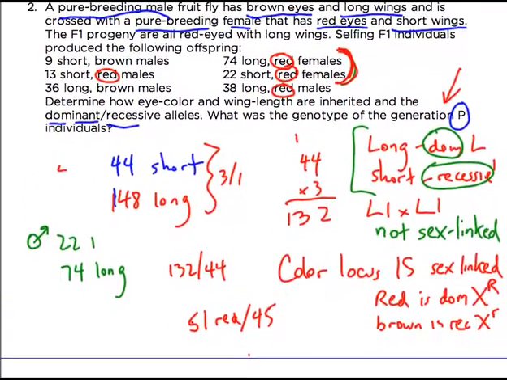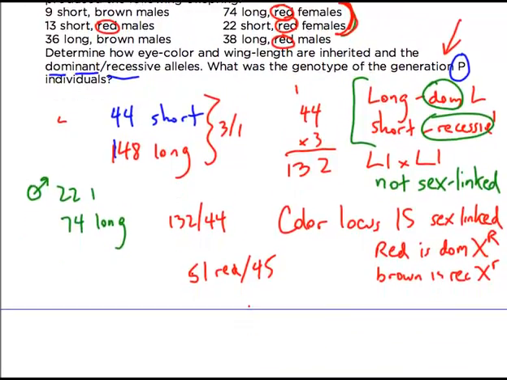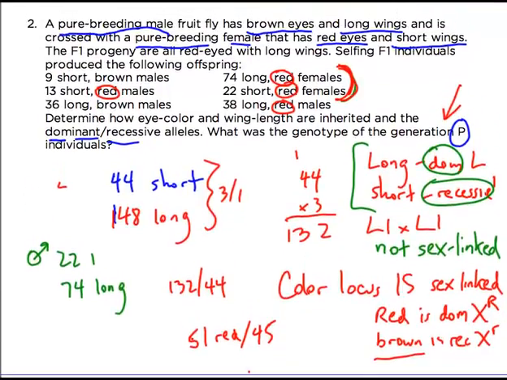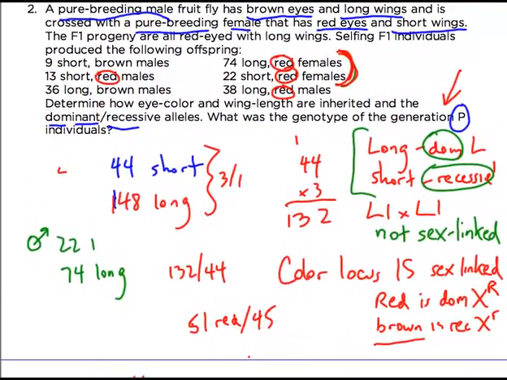A pure breeding male fruit fly. So if he has brown eyes, brown we said is sex linked, right? So here's the male. Now he's X little r Y, right? Because he only has a chance to have one X chromosome, he can only have one allele. So that's how the brown-eyed male is.